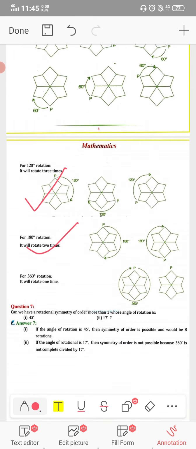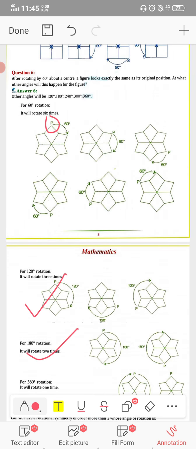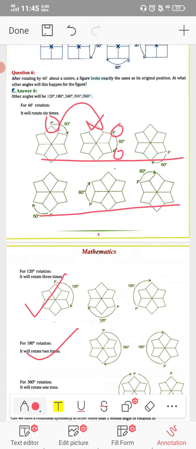Means if we start from this point and take 60 degree, then at every 60 degree the figure will be same, but if we find out the order of rotation, then it will have to rotate 6 times for 60 degree. So this will show that the order of rotation is 6 for 60 degree angle.